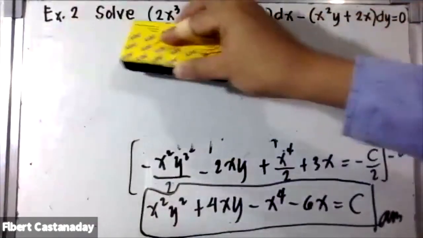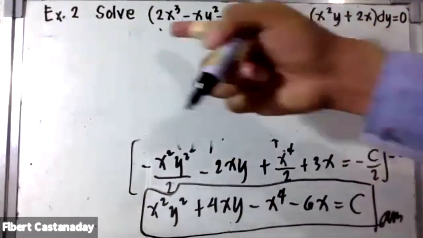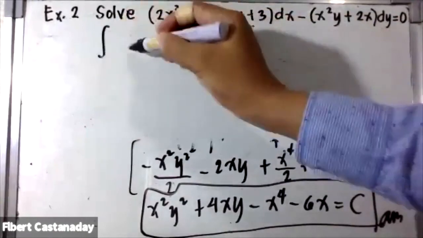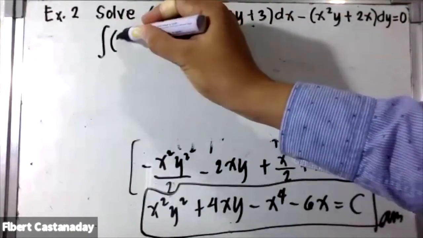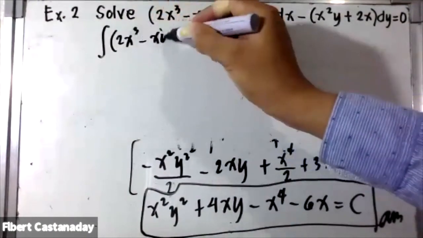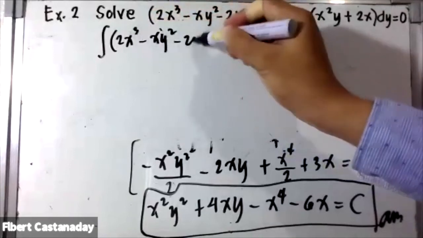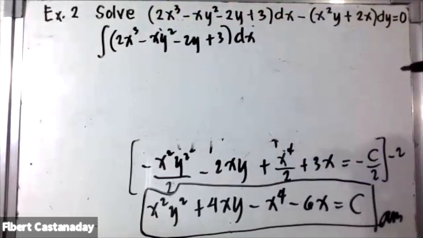So we integrate m dx, taking note that y will be held constant. So if we integrate this one, we just copy 2x raised to 3 minus xy squared minus 2y plus 3 dx.